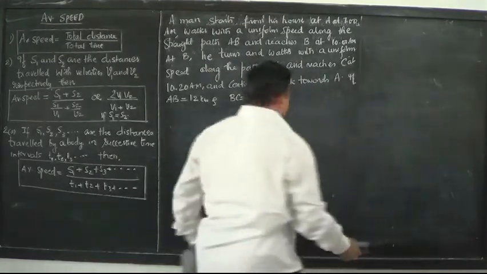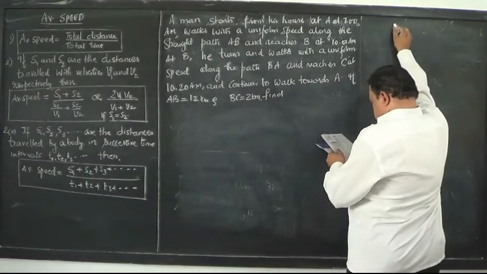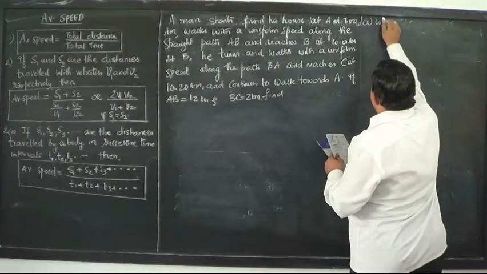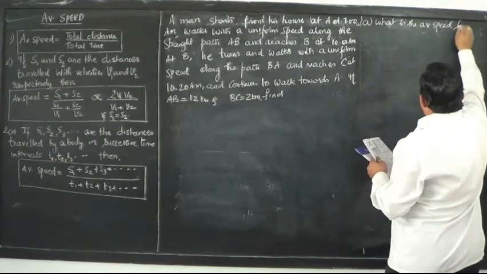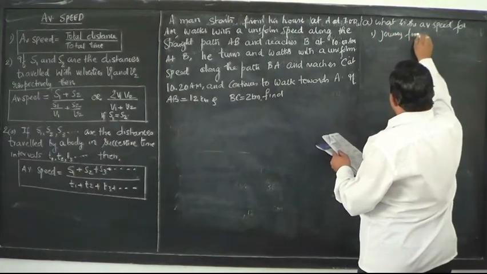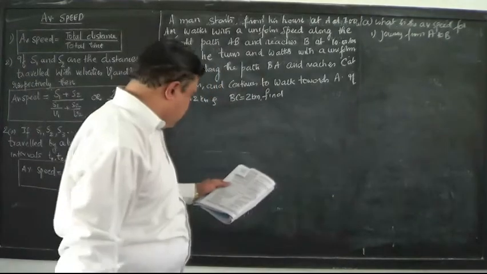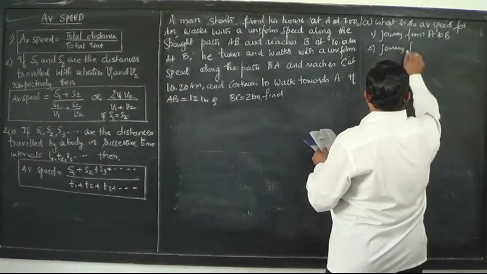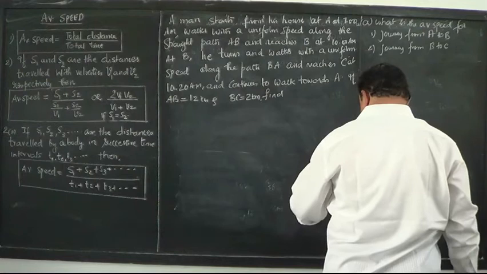Find: what is the average speed for number one, journey from A to B; number two, journey from B to C; number three, journey from A to C.